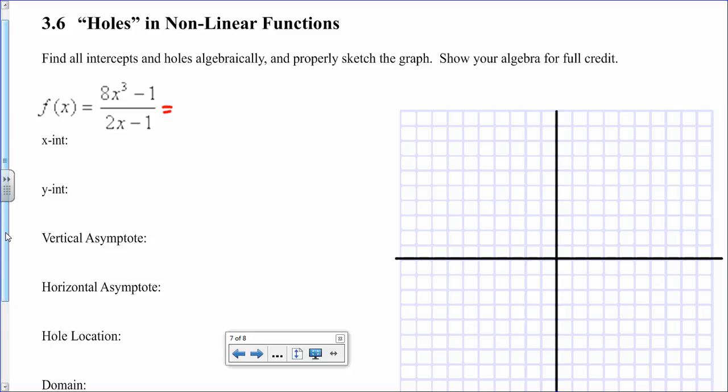Okay. So, 8x cubed is a cubed. So a is 2x. And b is 1. That's for difference of cubes. So it is 2x minus 1.